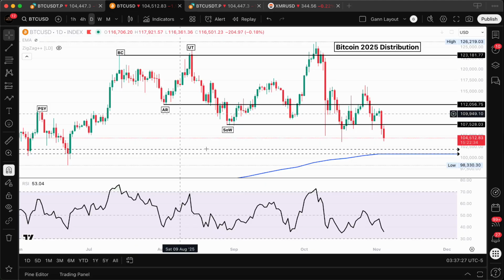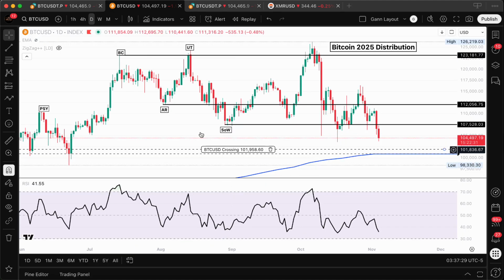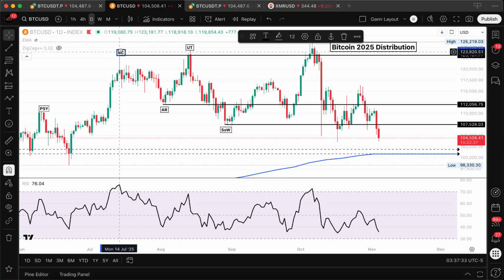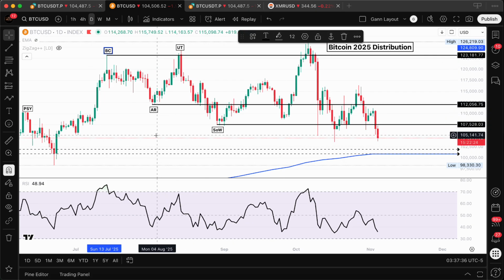Now let's move to a regular chart, and this is Bitcoin's distribution chart. It is a textbook distribution.